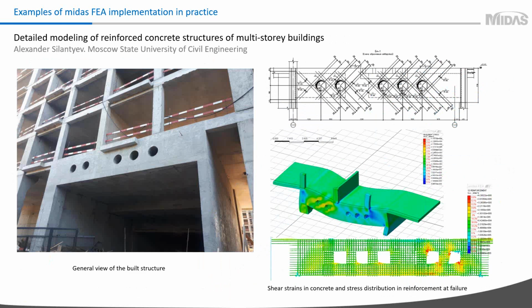And then he created a detailed 3D model. This detailed simulation of the beam in Midas FEA allowed him to reduce the original amount of reinforcement around openings that he obtained from analytical formulas. The current structure is under construction.